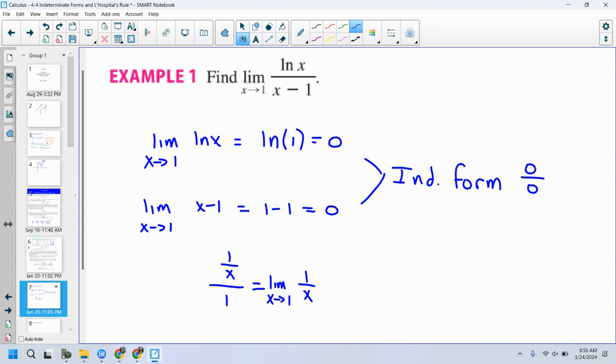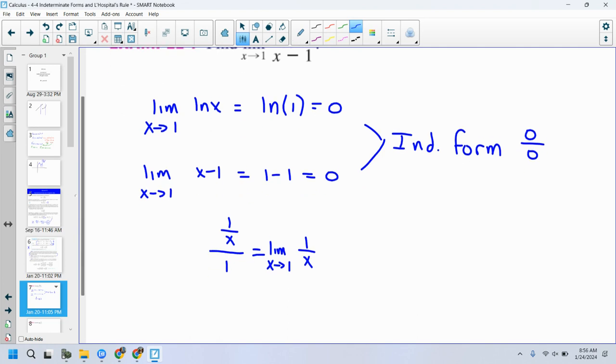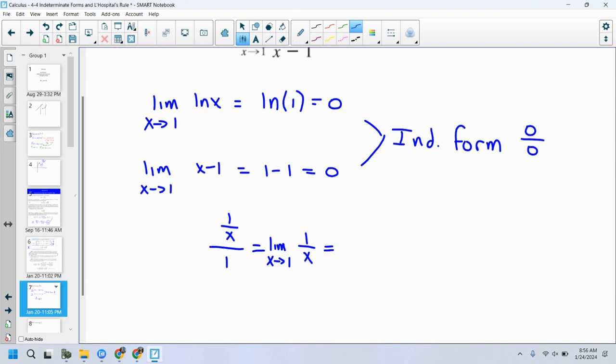The limit of the function is the limit of the derivatives. Now we apply the limit, excuse me. So the limit is actually 1, as x approaches 1, it goes to 1.